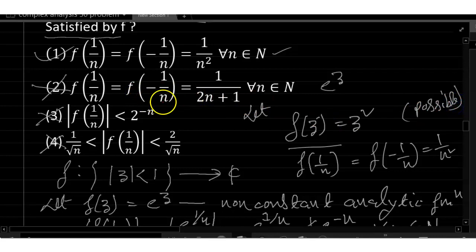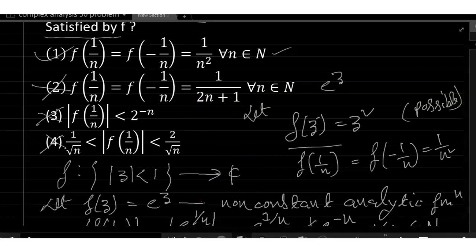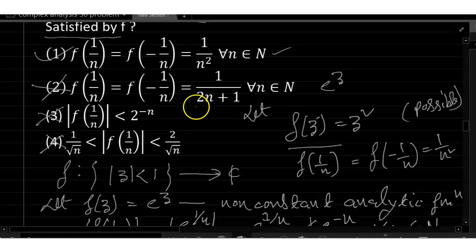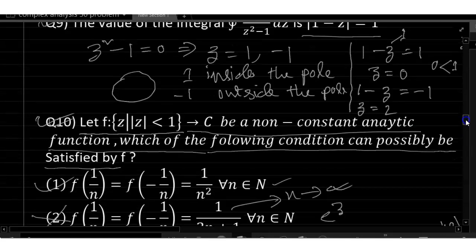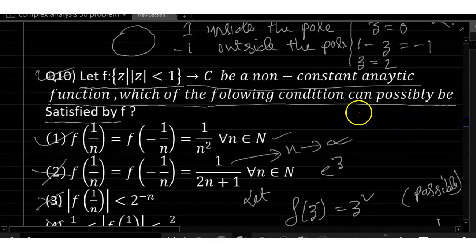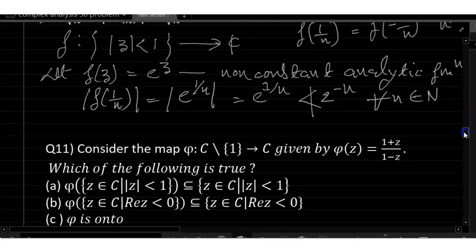Otherwise, in any other case it is not possible. This portion is possible only as n tends to infinity. So only option 1 is correct and the others are false.